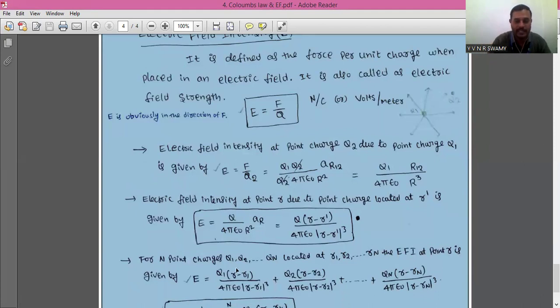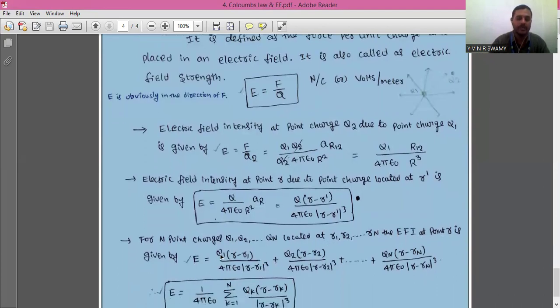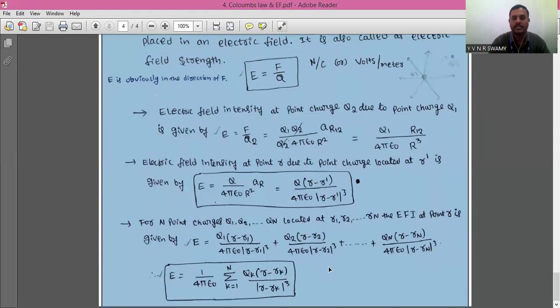For n number of point charges Q1, Q2, Q3 and so on up to Qn located at r1, r2, r3 and so on up to rn, the electric field intensity at point r is given by E equal to Q1 into r minus r1 by 4 pi epsilon naught mod of r minus r1 whole cube plus Q2 into r minus r2 by 4 pi epsilon naught mod of r minus r2 whole cube plus and so on, Qn into r minus rn by 4 pi epsilon naught into mod of r minus rn whole cube.